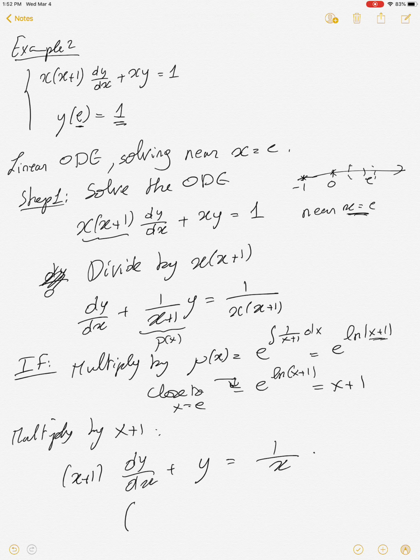Now notice that the left-hand side is nothing but the derivative of (x+1) times y. This is mu times y, all prime. You can check it by applying the product rule. The derivative of (x+1)y is (x+1) times the derivative of y plus the derivative of x+1, which is 1, times y. And this is equal to 1/x. Now I again apply the antiderivative method, so I integrate.